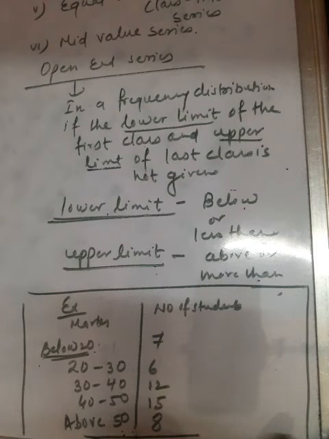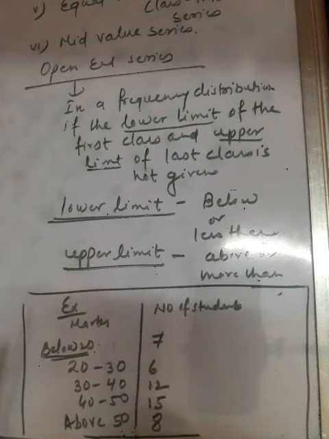In this open-end distribution, the lower limit of the first class and the upper limit of the last class are not given. In that case, the open-end class can be taken at the beginning or at the end of the frequency distribution.